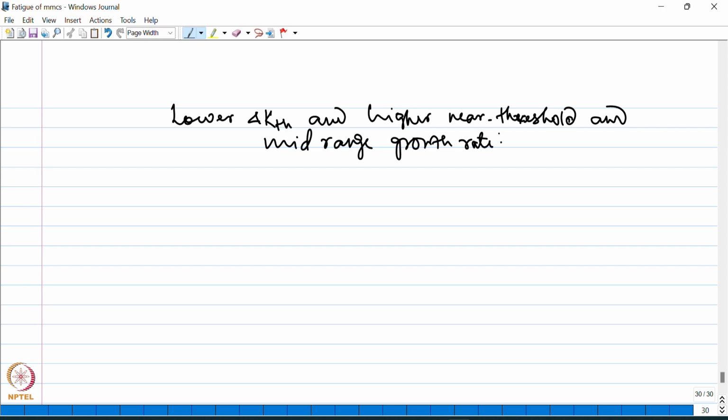This kind of behavior was displayed by a composite of aluminium 3.5% copper reinforced with different volume fraction of silicon carbide particles, and this was at R equals 0.1. So here the delta KTH value for the composite was lower.